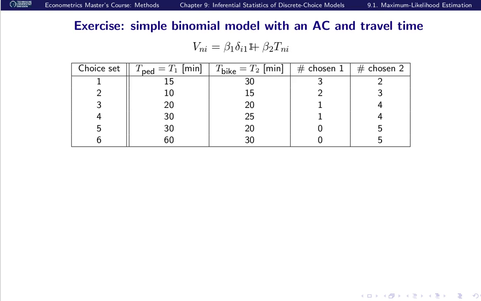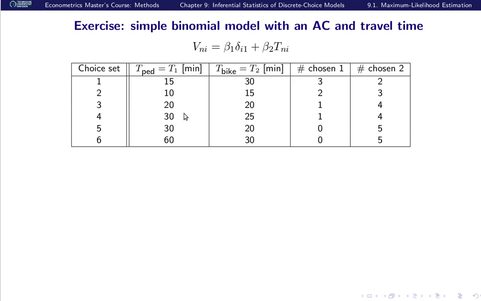Because it's so short, other means of transport are not relevant here. So we have just one alternative specific constant because we have two alternatives, and because both pedestrian and bike have the same appraisal for time, we have just a global time sensitivity times the complete house door to house door travel time.